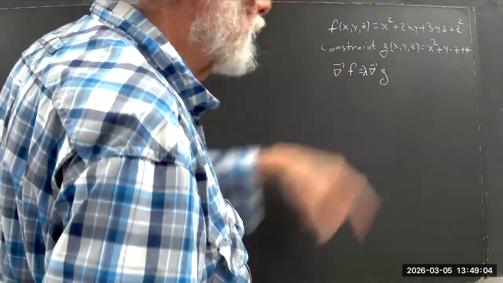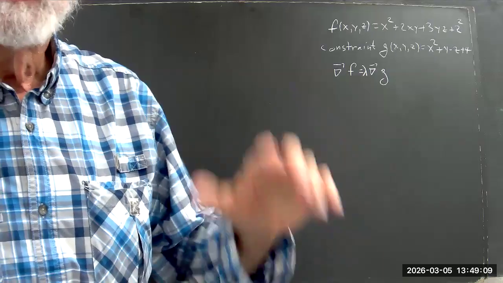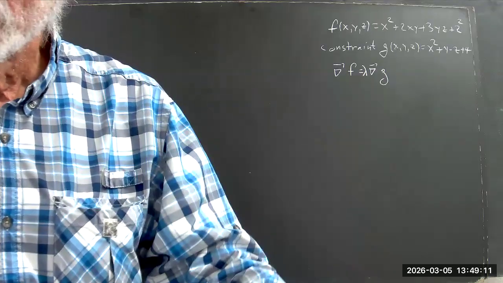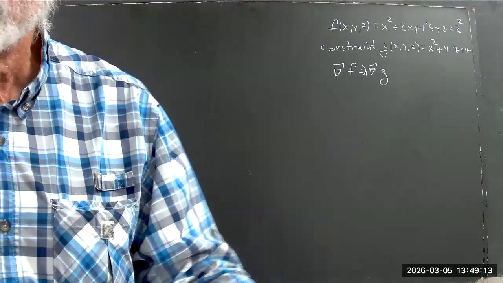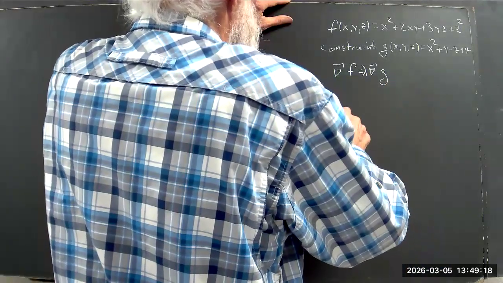So your del F equals lambda del G. Perpendicular to the constraint is perpendicular to the objective, to the level curves. What does that give us?